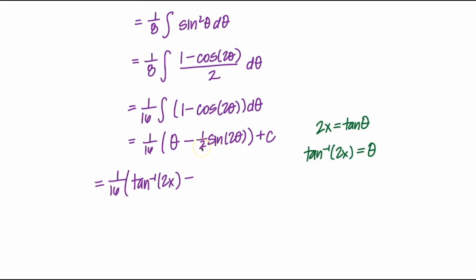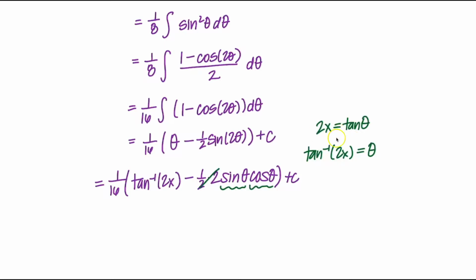So I'm going to leave the 1/2 and remember how sine of 2 theta is 2 sine theta cosine theta. So how does that help us? Well, 1/2 times 2 is 1. And now I can replace sine theta and cosine theta to be functions of x.